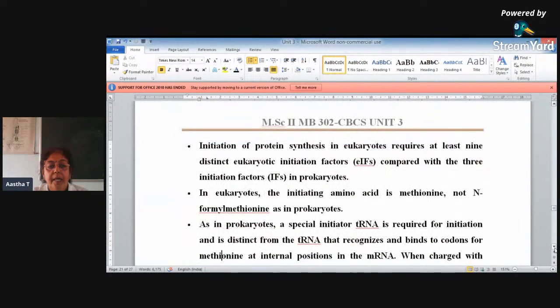It requires 9 eukaryotic initiation factors, that is eukaryotic IFs. फक्त 3 लागतात प्रोकॅरियोट्समध्ये, युकॅरियोट्समध्ये 9 लागतात. The initiating amino acid is not N-formyl methionine but only methionine.